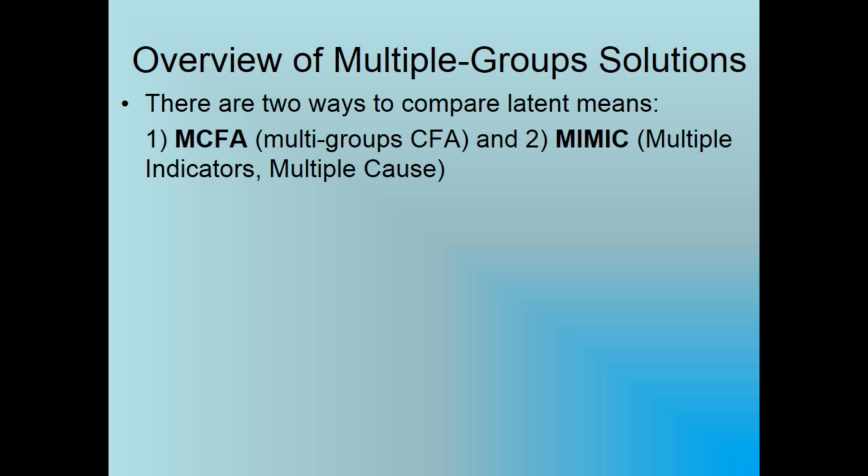You can use multiple groups for multi-group CFA too, but it gets very cumbersome if you have more than 2, 3, or 4 groups. The MIMIC model can look at as many groups as you want. So there are a lot of limitations with that method. Most importantly, you can only test for equality of the intercepts and not whether the loadings are equal across the groups.